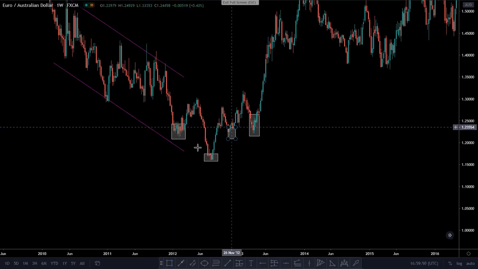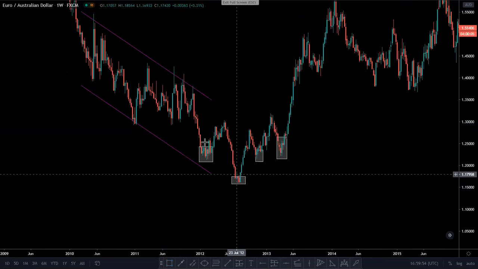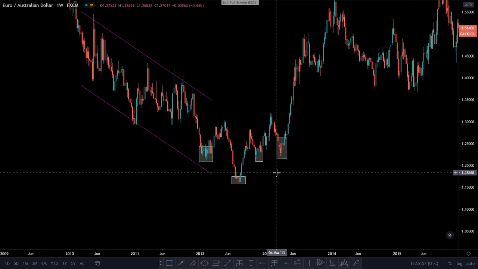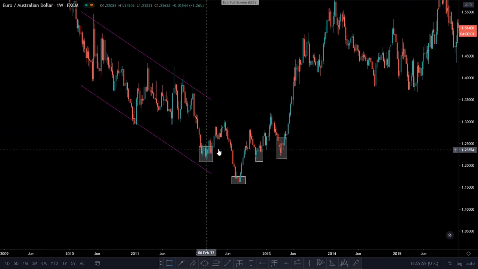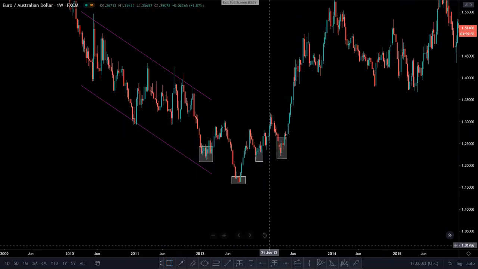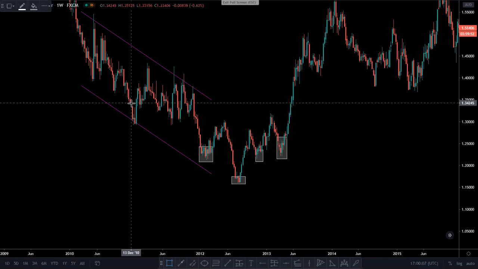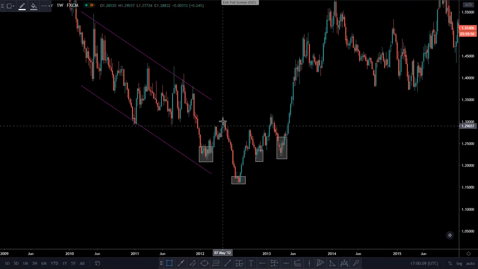Okay, so let me begin with this. So this is your head, this is your left shoulder, this is your right shoulder. So beginning with these two, where will your lows be?